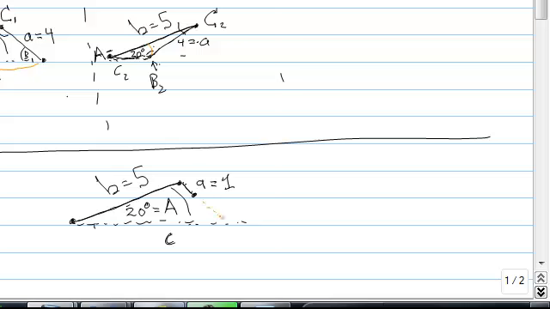It can't reach down here. It can't make it. If that angle was much slimmer, something like this, then maybe we could get it to work. But they fixed that angle at 20 degrees. It's not that small. It's fixed. And so side A being equal to 1, it's just swinging back and around.